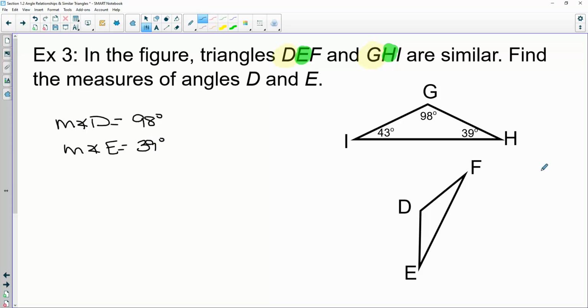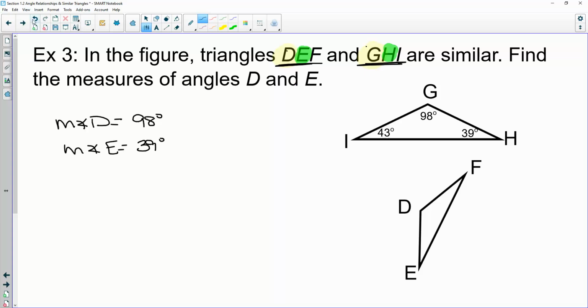So make sure when you're looking at pictures, don't assume pictures are drawn to scale, especially when things are turned. You can look at the statement. If I name the triangles, the equal angles are listed in the same order. So that's what we mean about the angles. If they're similar, all the angles are the same.